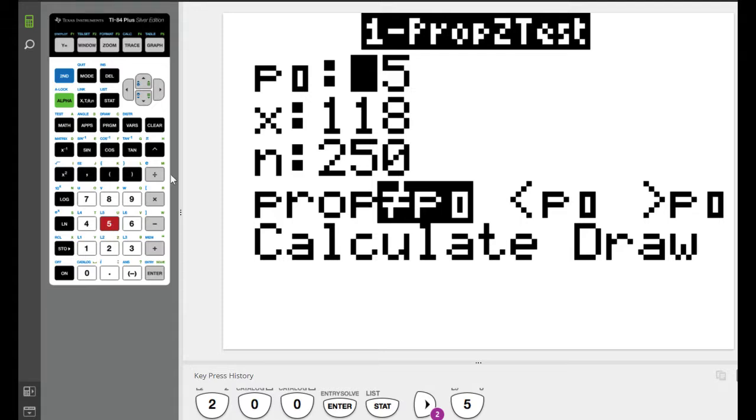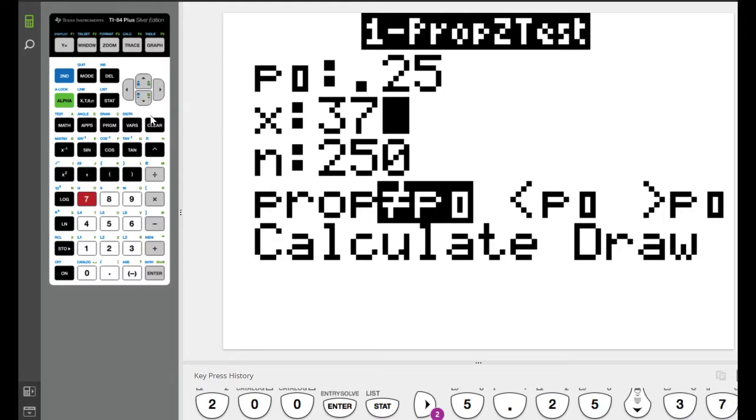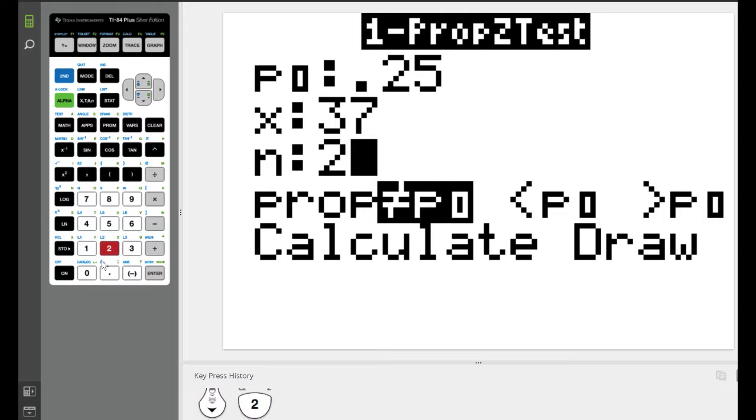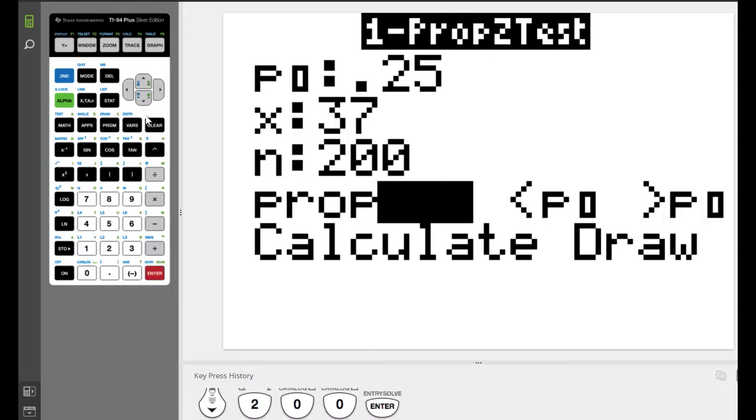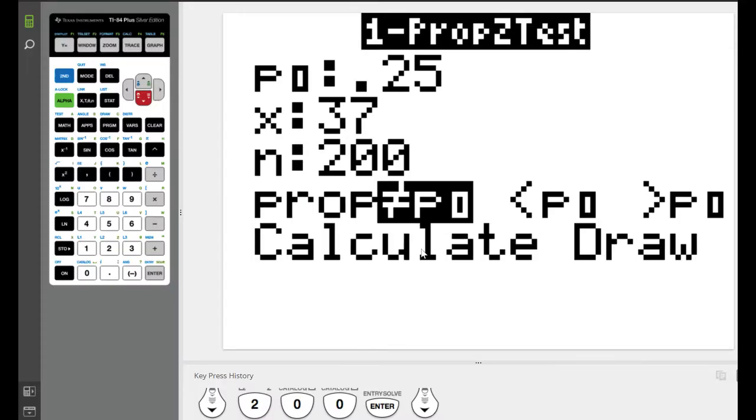Going to number 5, which is the one prop z-test. Our p naught was a 0.25. X is 37. The n was 200, I believe. And this was a left tail test. Why? Because the HA was a less than, left tail test.